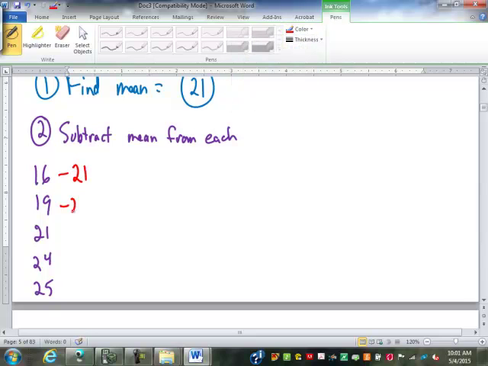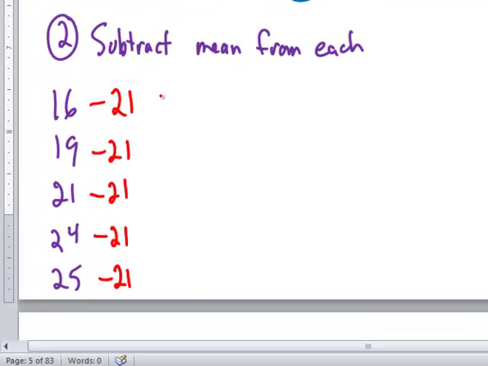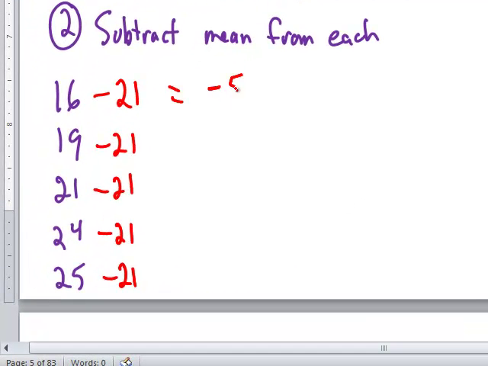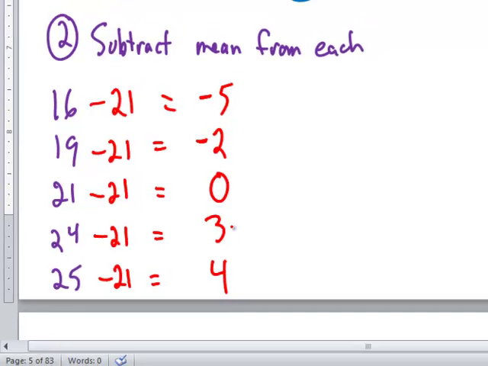I'm going to subtract 21 from each of those. 16 minus 21 is negative 5. 19 minus 21 is negative 2. 21 minus 21 is 0. 24 minus 21 is 3. And 25 minus 21 is 4.